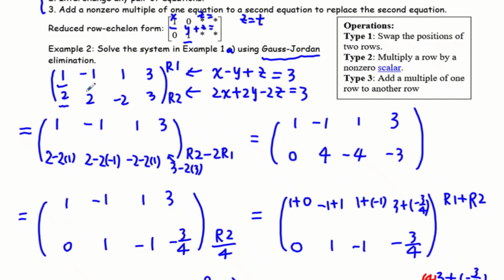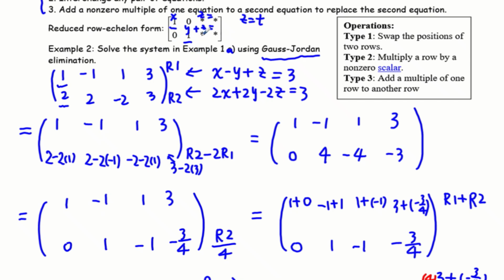Then after that, we want to change the second row, second number to be 1 by dividing by a number. Once this one is 1, we could combine it with the first row to get the second number in the first row to be 0. Then we have the 1001 form.